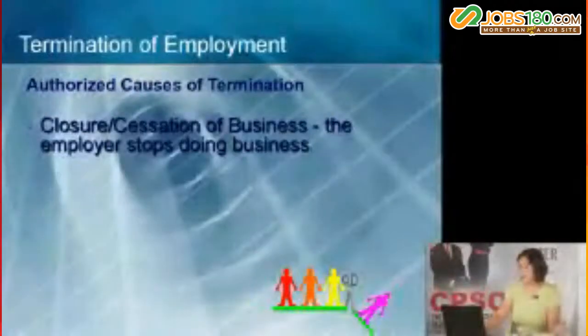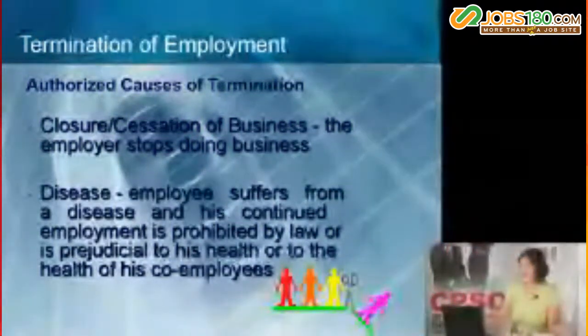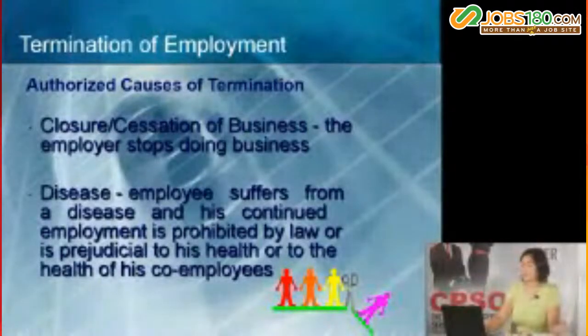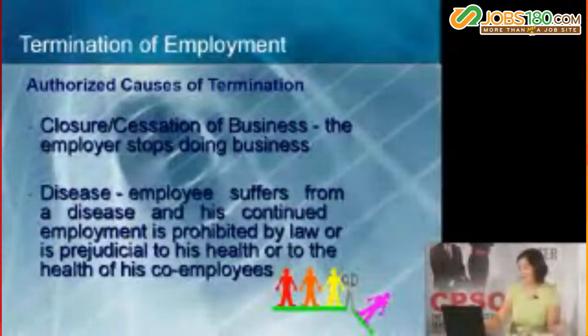Other authorized cause: magsasarado na ang business dahil lugi, bankrupt. Okay po. Or disease. Pwede ka rin tanggalin kung an employee suffers from a disease and his continued employment is prohibited by law or is prejudicial to his health or to the health of his co-employees. So, hindi na talaga gagaling ang sakit niya and then makakahawa. So, pwede siyang i-terminate.